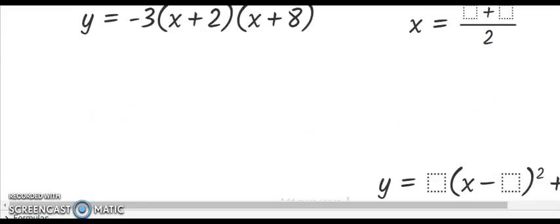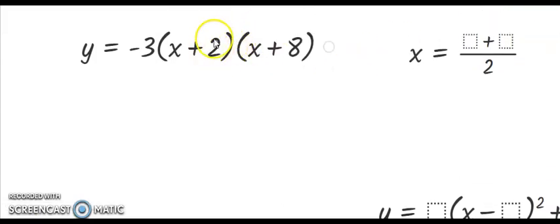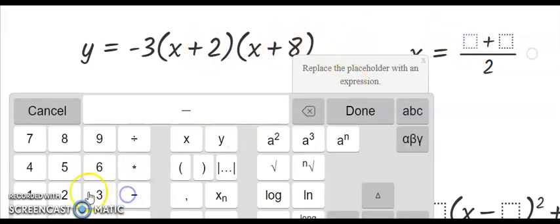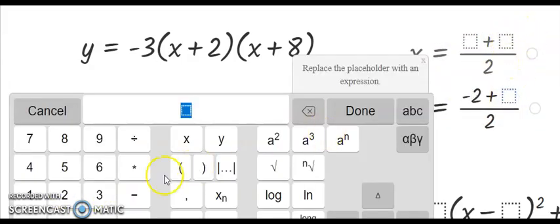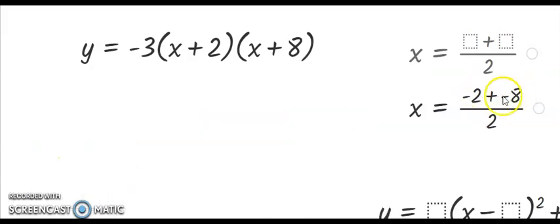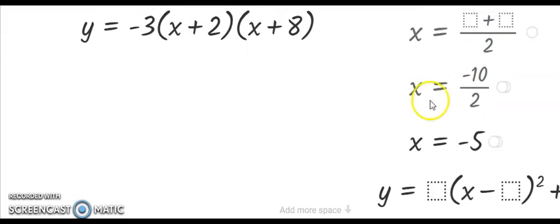And then for the last one, this is -2 makes this a 0, and -8 makes this a 0. So our x value of vertex is -5.